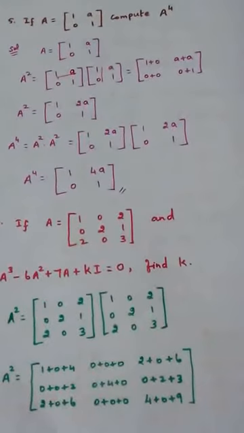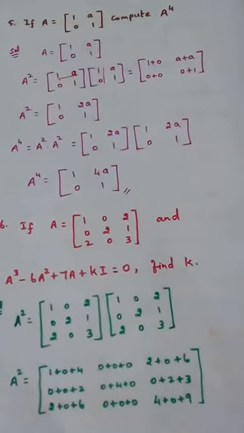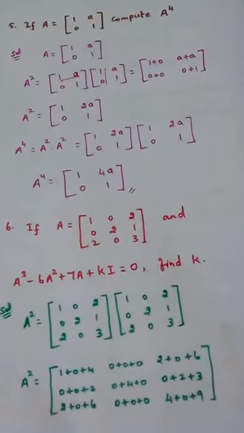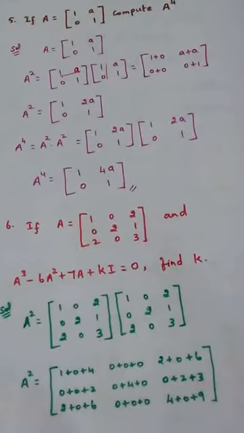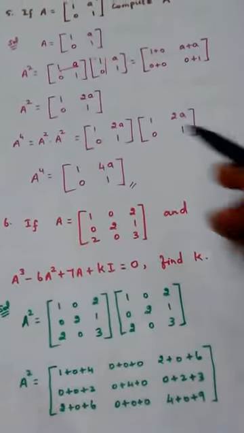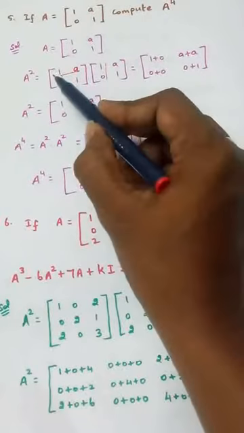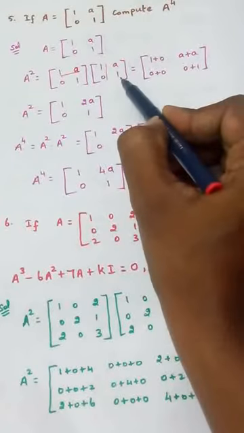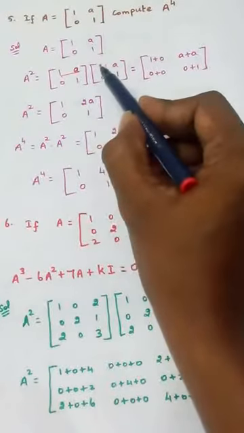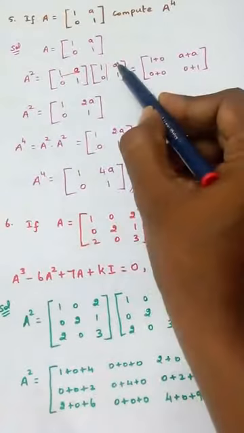So this is nothing but matrix multiplication. Those who have not come across matrix multiplication in 10th standard, just see carefully what I have explained. With the help of this we are going to multiply all the matrices. Again I repeat: first row, first column, then first row, second column. Afterwards, second row, first column, second row, second column.